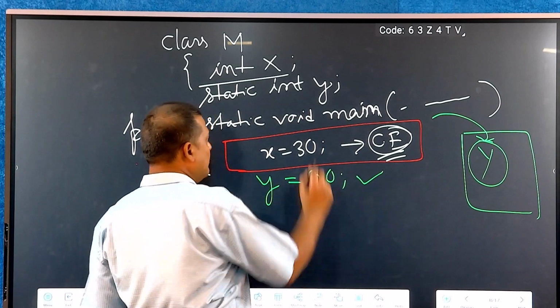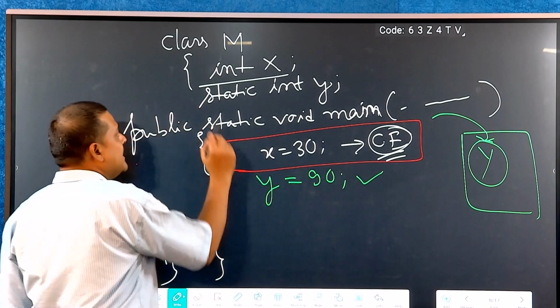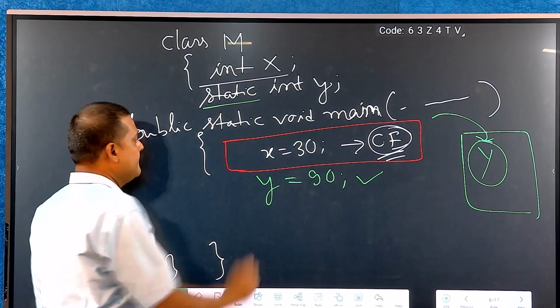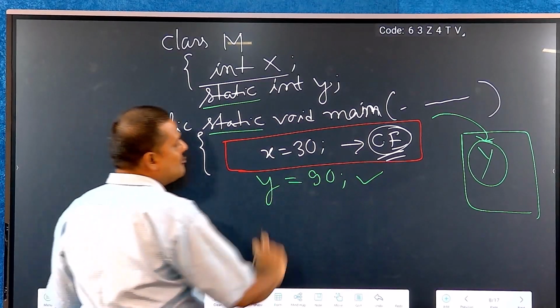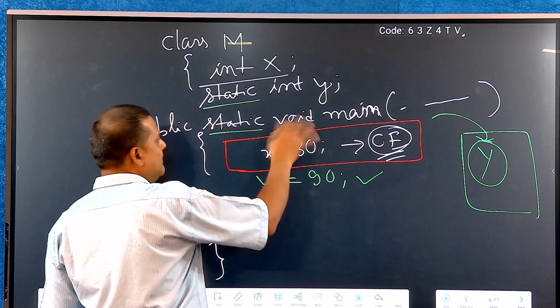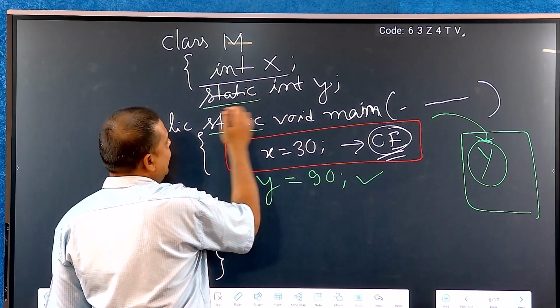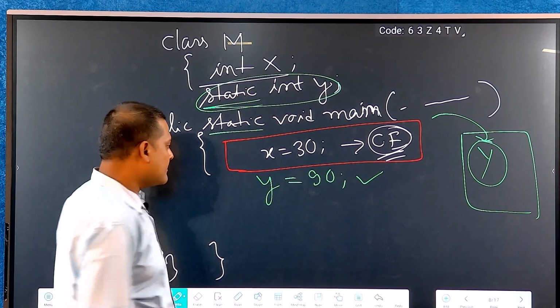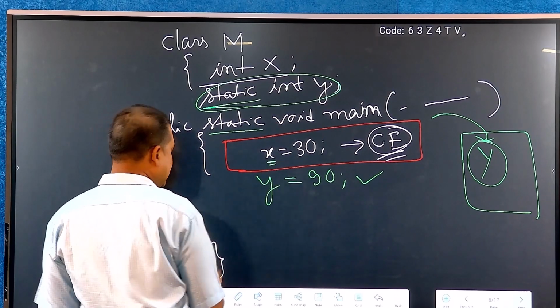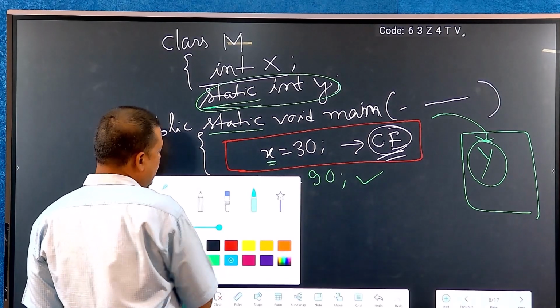Which members are already inside memory? The members which are static. y is static, main is also static. So from main we are accessing this, and as it is already static, it can be directly accessed. Now, if I want to access this x, what do we need to do?